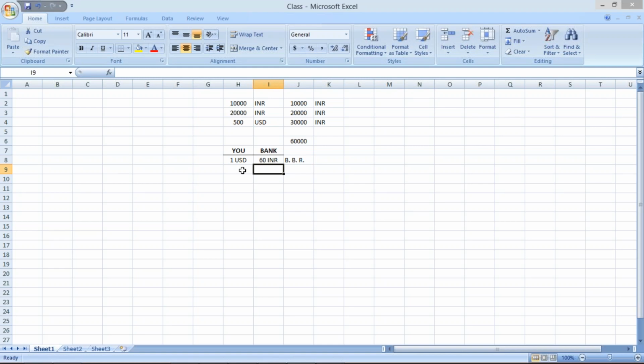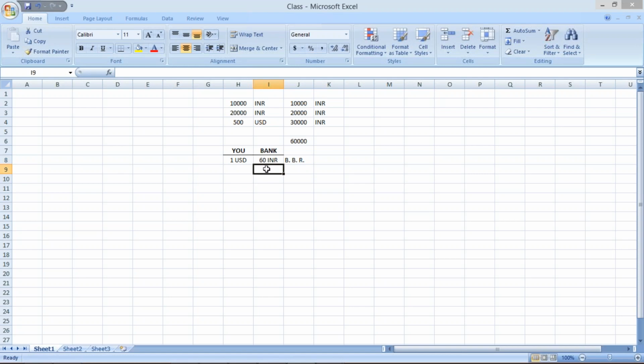Now what will happen? If you have to sell, then you are going to sell at 60 rupees. In other words, the bank buys the currency from you at one rate.